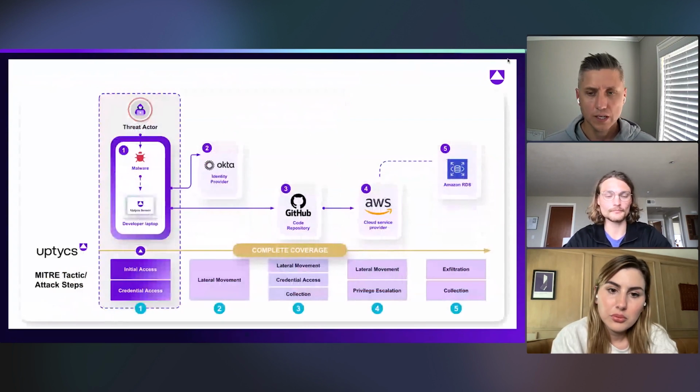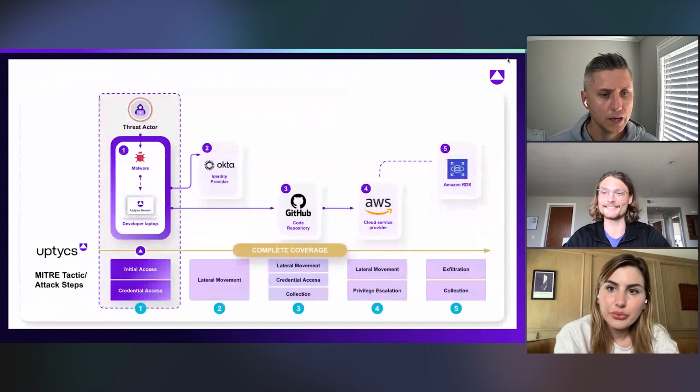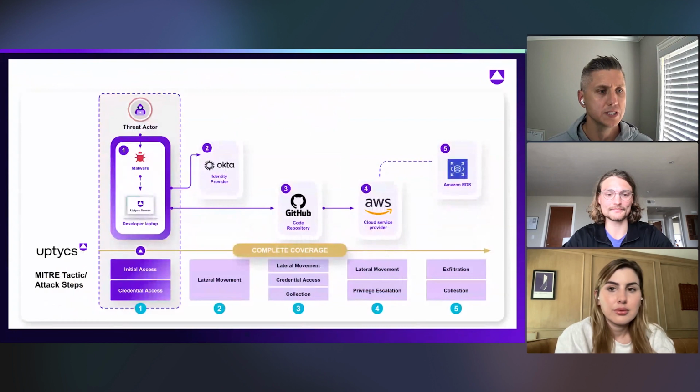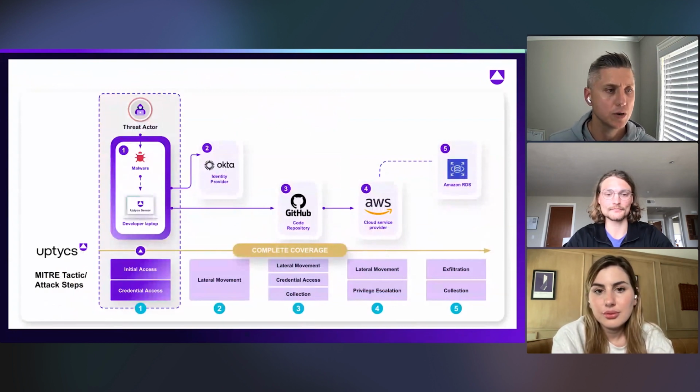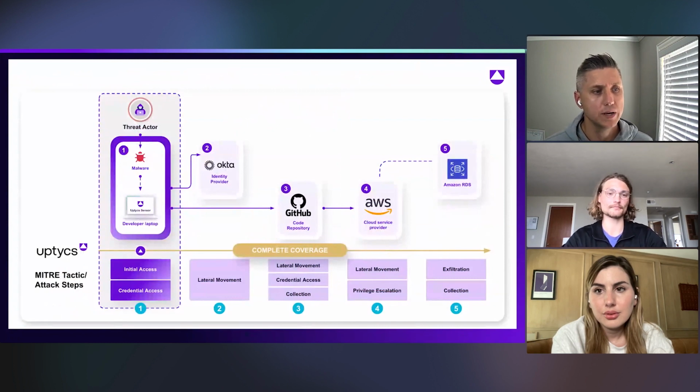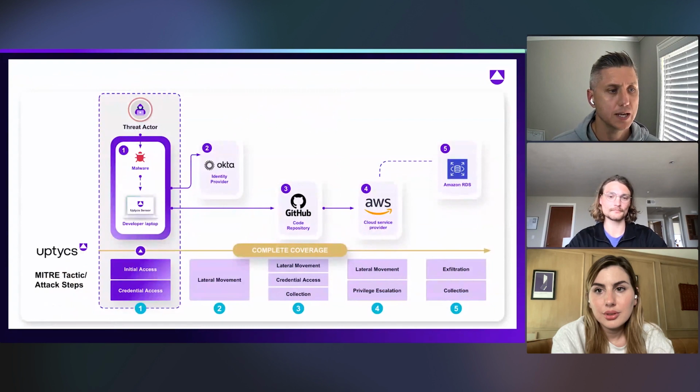Cool. So yeah, let's get into this. As Crystal and Jeremy have mentioned, there are 5 stages to this attack. The very first stage that we're highlighting, we see some malware getting downloaded onto a developer's laptop. And this is happening more frequently than we'd like to think.